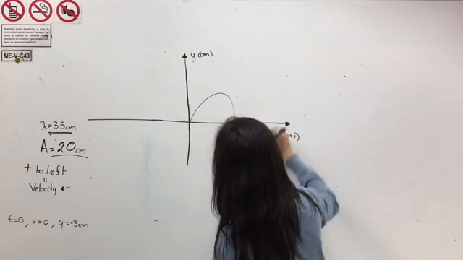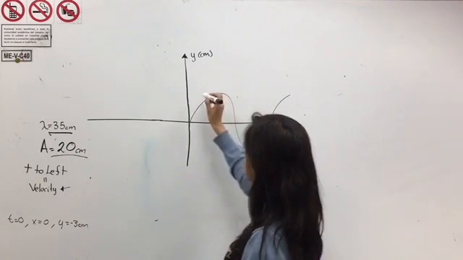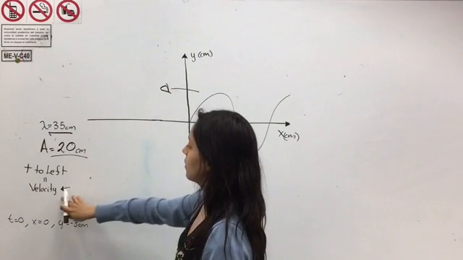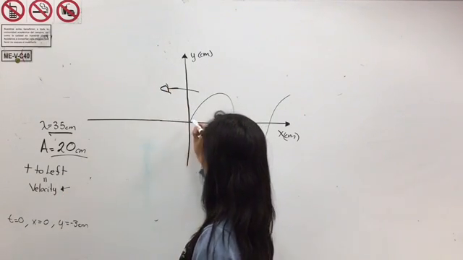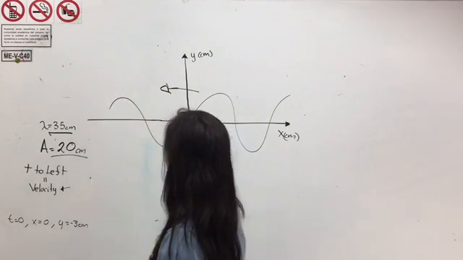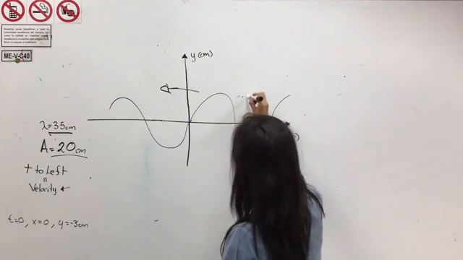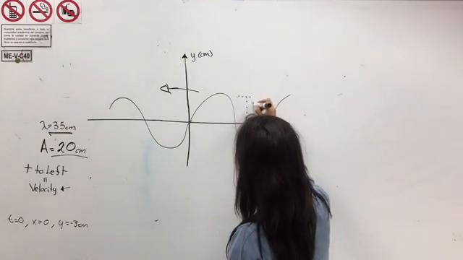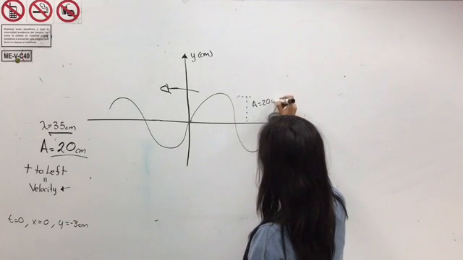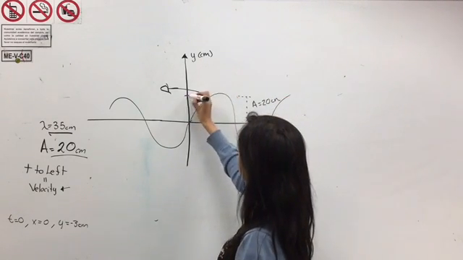So if this graph has a sine form, we might start from 0 and then start to do the wave, and it says that it's going to the left, so the velocity is going to the left, and this is the amplitude of 20 centimeters.